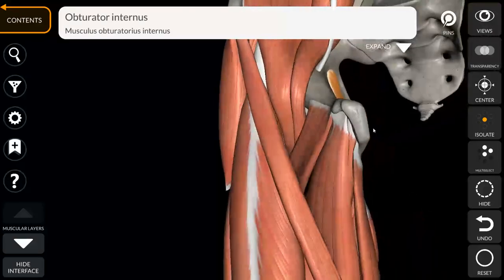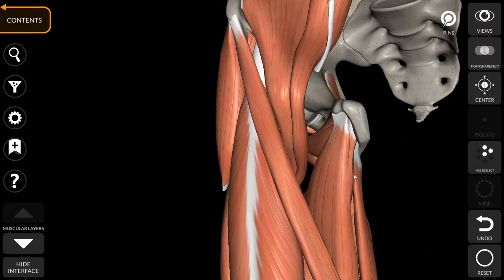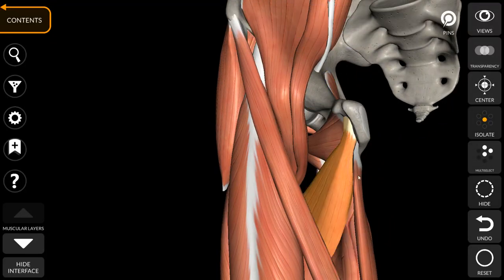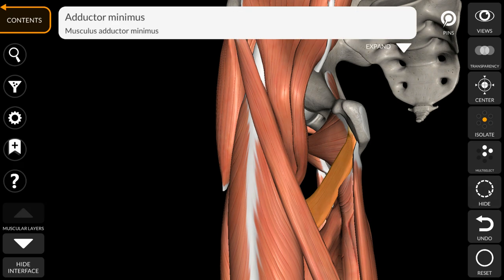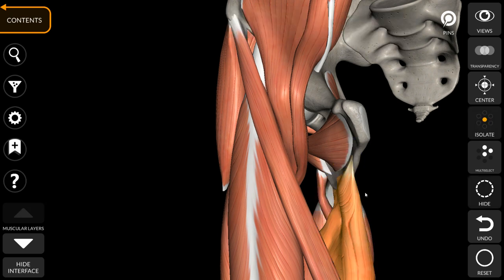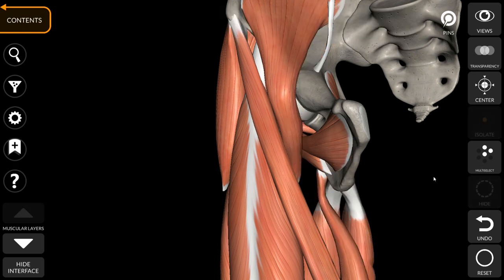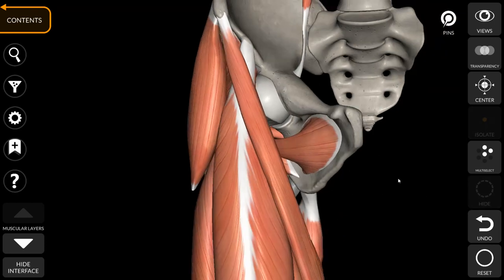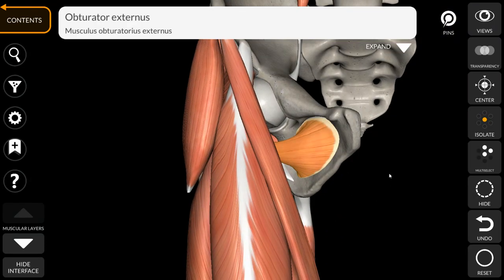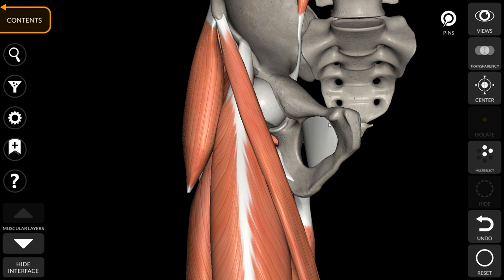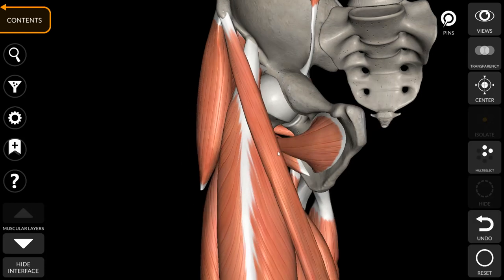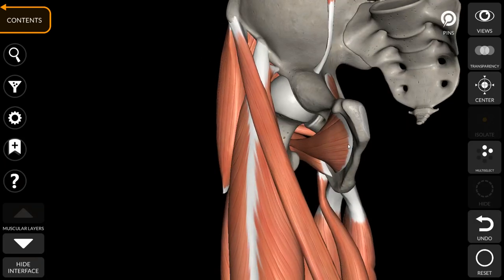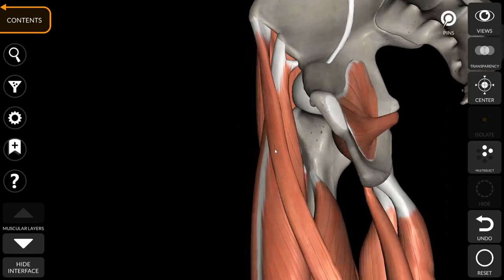If we move anteriorly, we need to remove all the adductor group first. All right, your psoas major, your iliacus. Can you see, class, over here? So this is the outer surface of the obturator membrane.